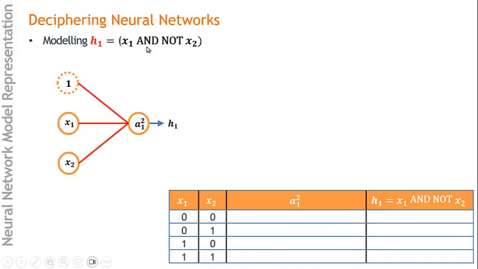Well, because this is AND, it's only going to be 1 or true if both conditions hold. So we need x1 to be equal to 1, and not x2 means that x2 is 0. So the only non-zero output should be when x1 is 1 and x2 is 0. So that's what we want the result of our nonlinear function on A2 to be. So how are we going to set the weights?